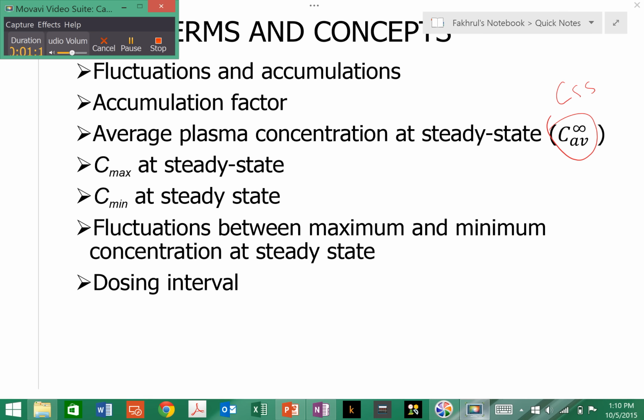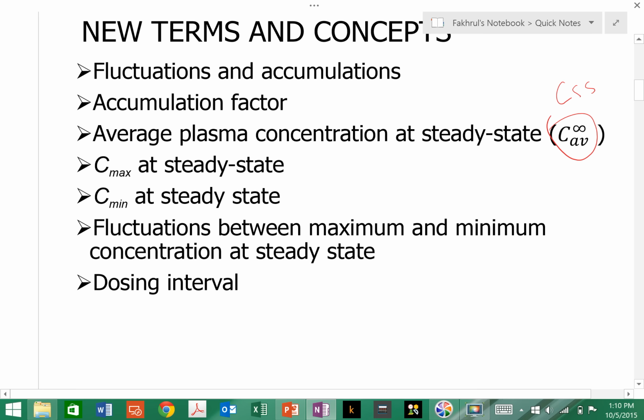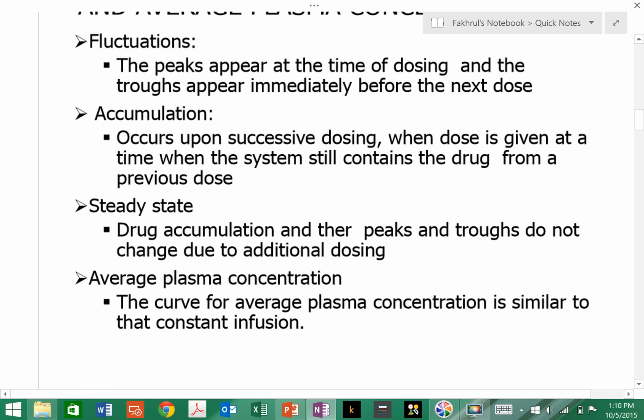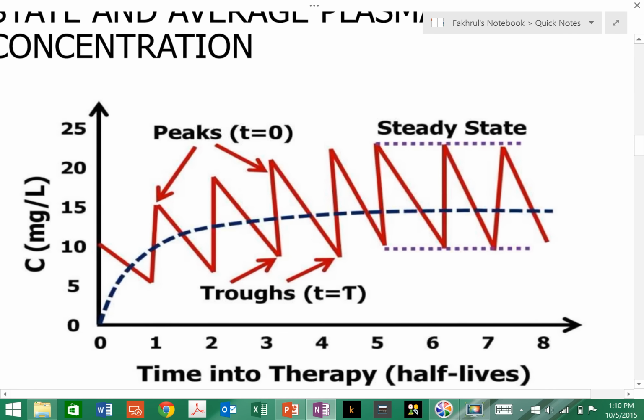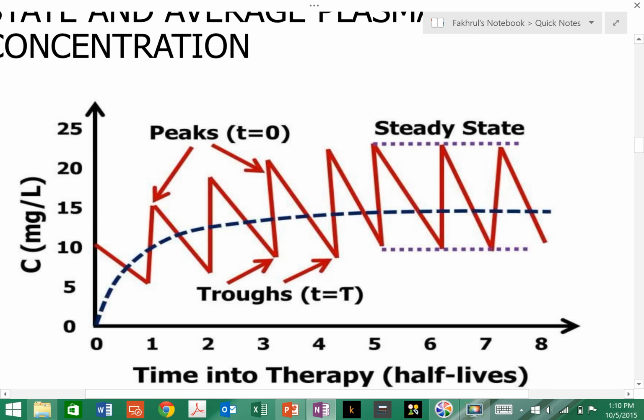So first I wanted to go over this fluctuation concept, fluctuation and maximum and minimum. Think about you have administered a drug. We are talking about multiple IV dosing, not oral or other routes. So you have administered a drug, the concentration will go down after the dosing interval. You administer another dose, concentration will go up and go down.